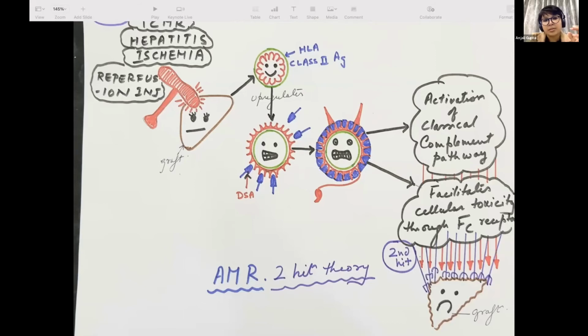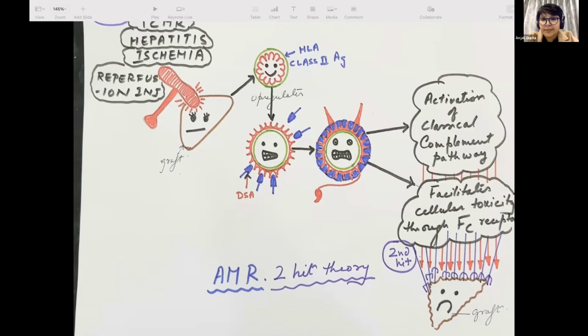This all gives rise to the first hit, which upregulates the class 2 HLA antigens in the liver, which then combines with the circulating DSAs, or donor-specific antibodies, and then this activates the classical complement cascade and facilitates cellular cytotoxicity through the Fc receptors, leading to the second hit, which leads to the severe graft injury.